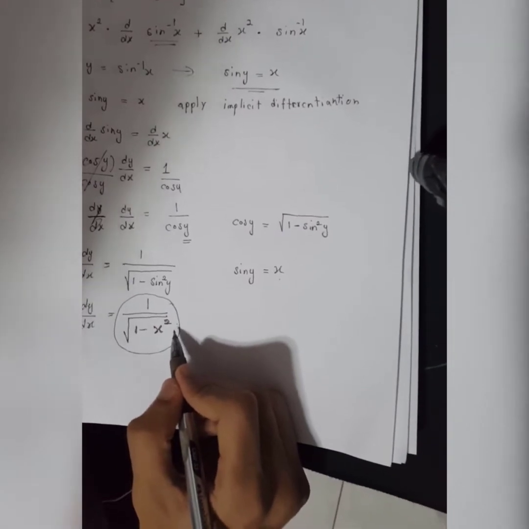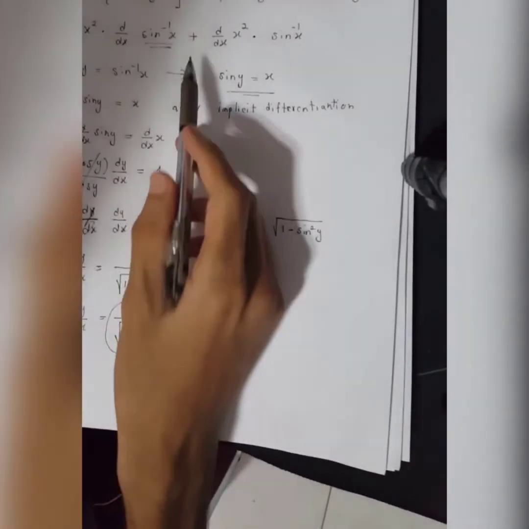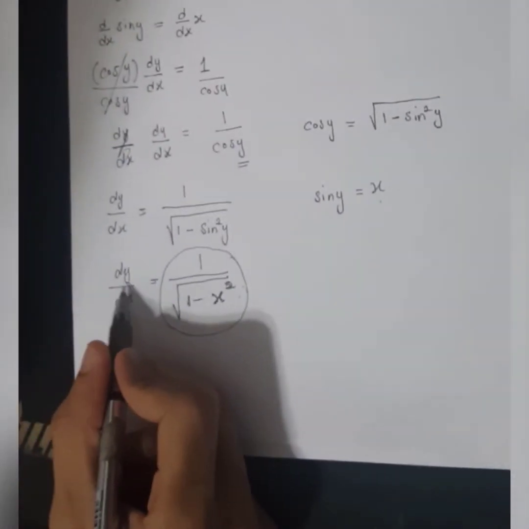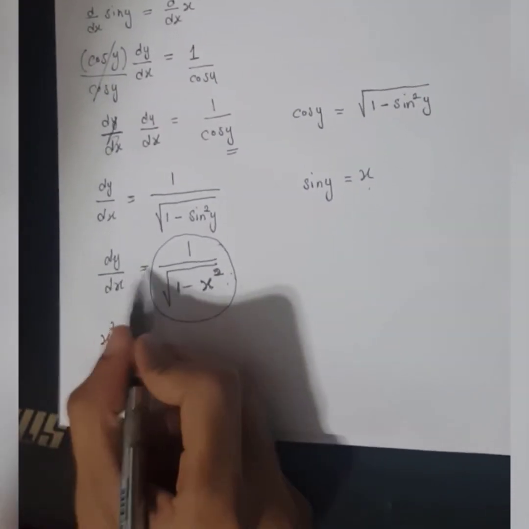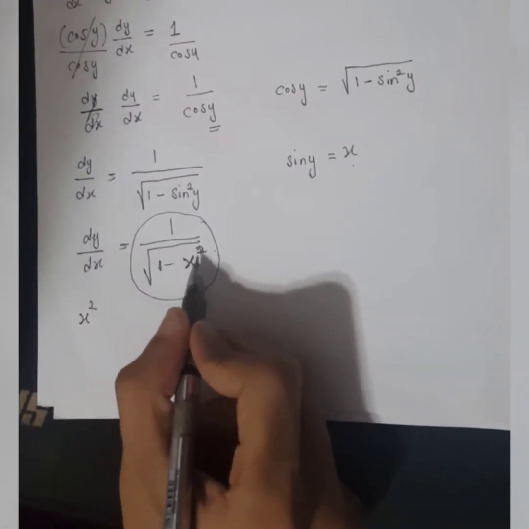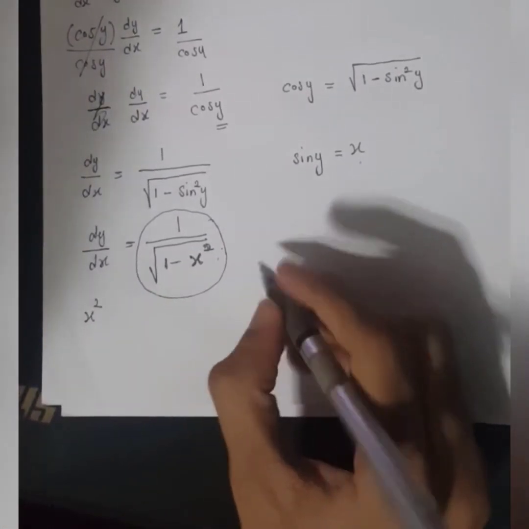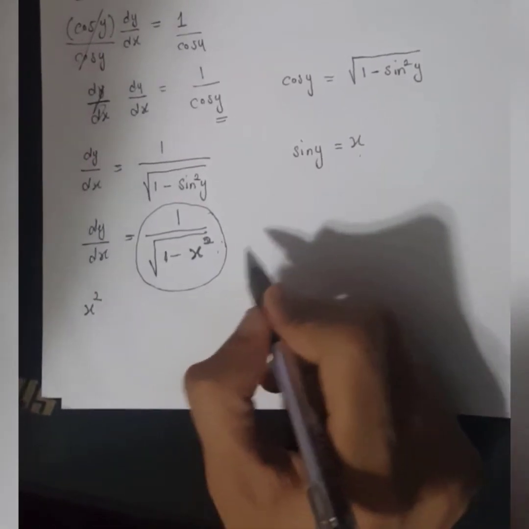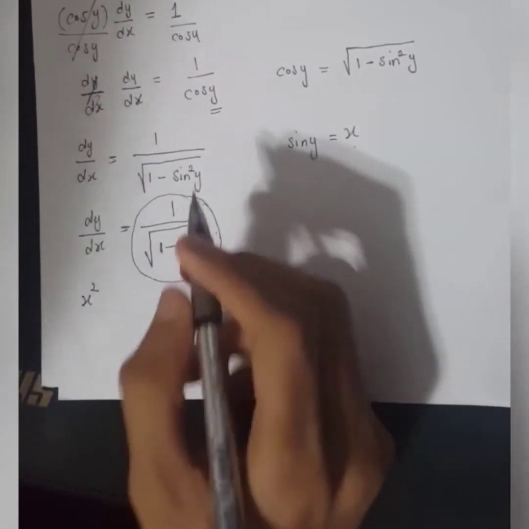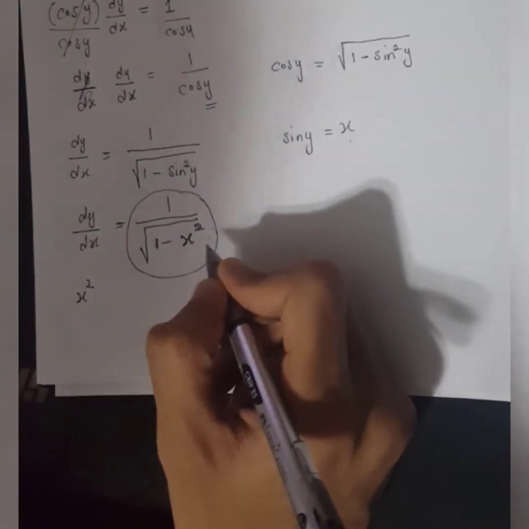So now I'm going to apply it on the product rule I have over here. Now dy over dx is equal to 1 over the root of 1 minus x squared. Since we know the derivative of inverse sine x, we can go back to the product rule and solve it.